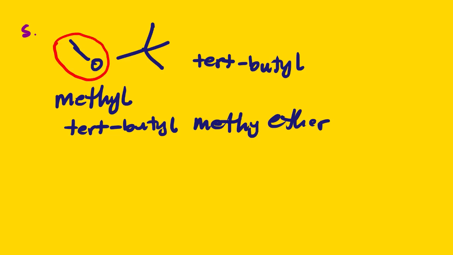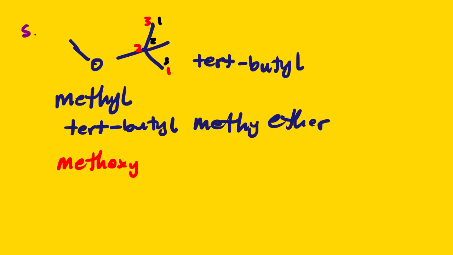We have this substituent as our methoxy, but we have to position this methoxy. So we have 1, 2, 3, or let's say we take it this direction, 1, 2, 3, or we take it this direction, 1, 2, 3.